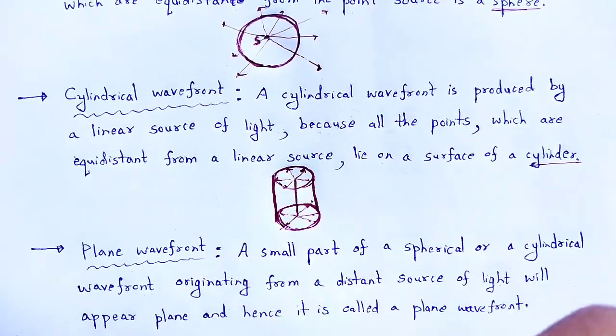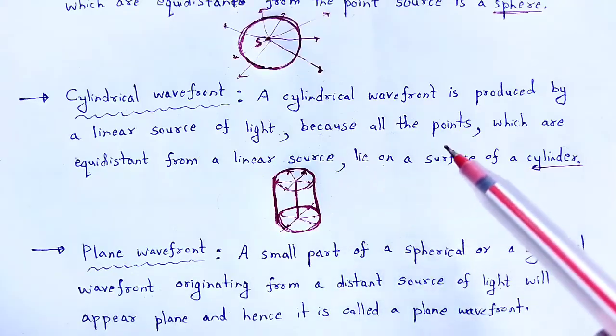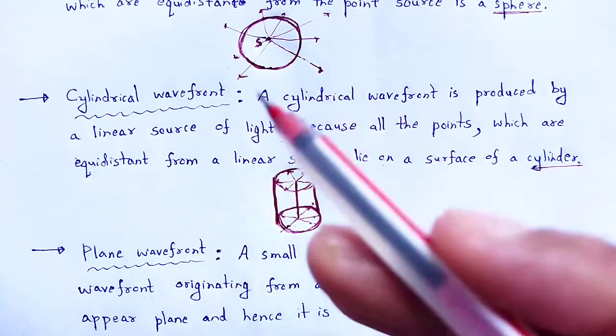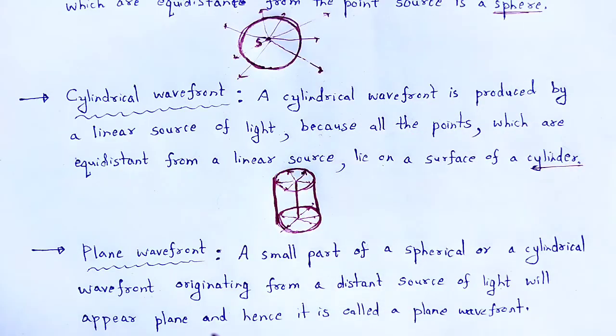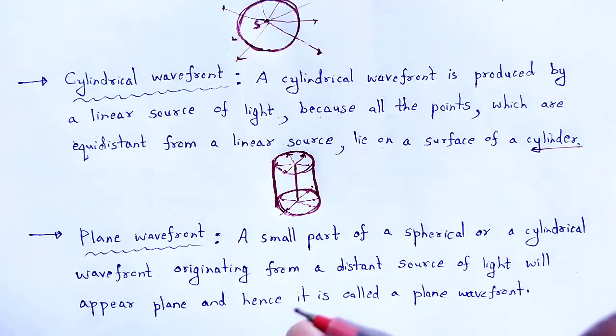Now, plane wavefront. If we consider a small part of a spherical or cylindrical wavefront originating from a distant source of light, it will appear plane, and hence it is called the plane wavefront.